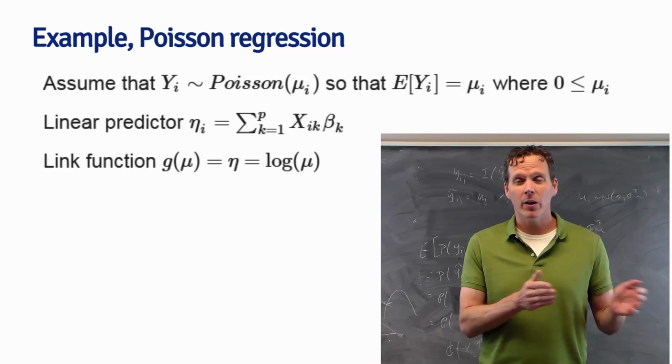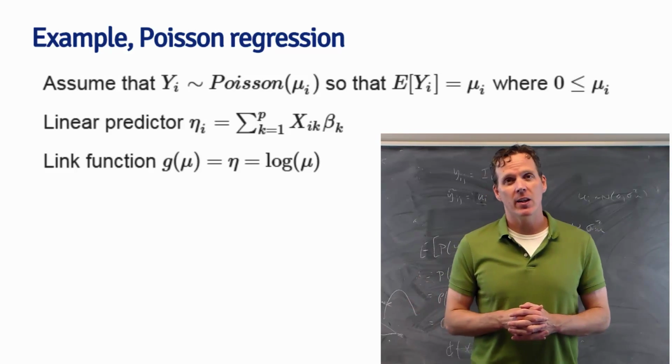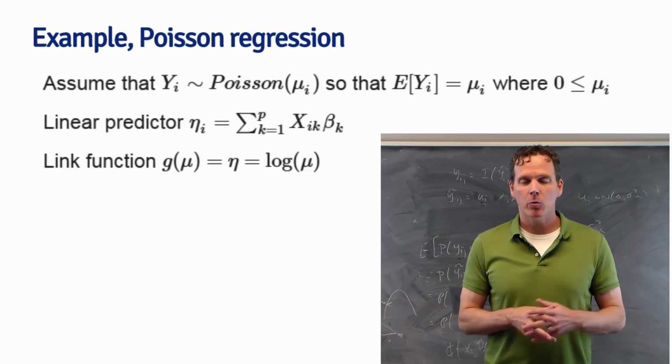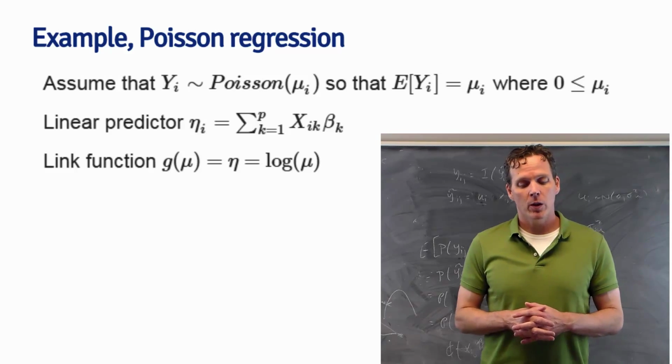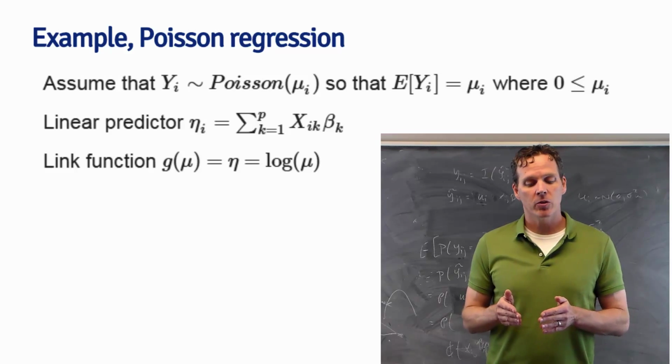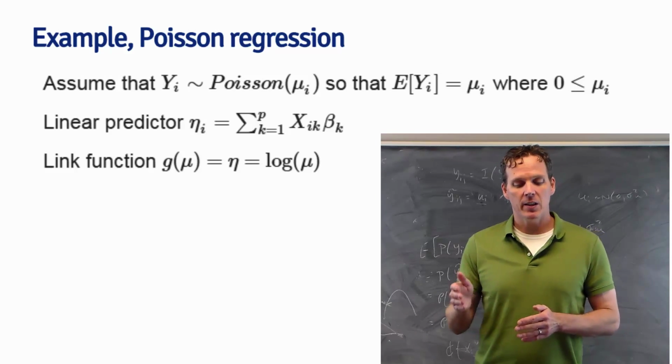So again, we're not logging the data, we're logging the mean from the distribution that the data is assumed to come from. And then remember, the inverse of the natural logarithm is e to that thing. So we can go backwards from eta back to mu by taking e to the eta.